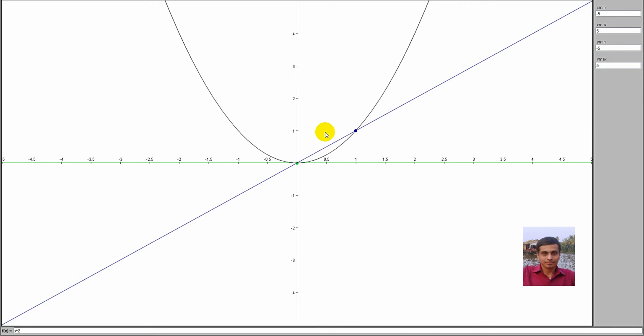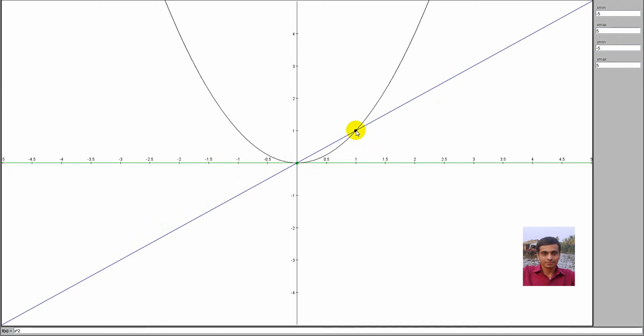So I will illustrate this point through some examples. I plotted the graph of x square. You can observe that there are two lines. The line in blue color is the secant line and the line in green color is the tangent line.